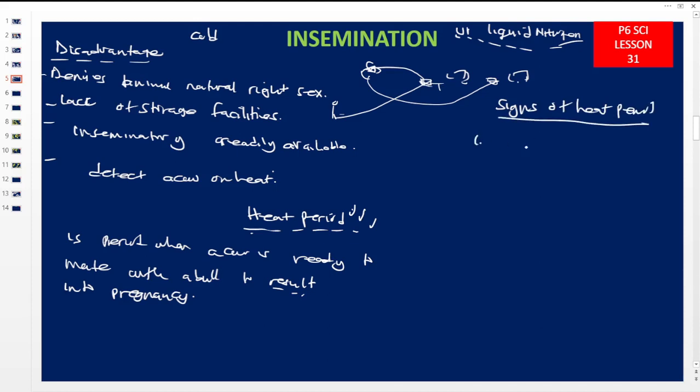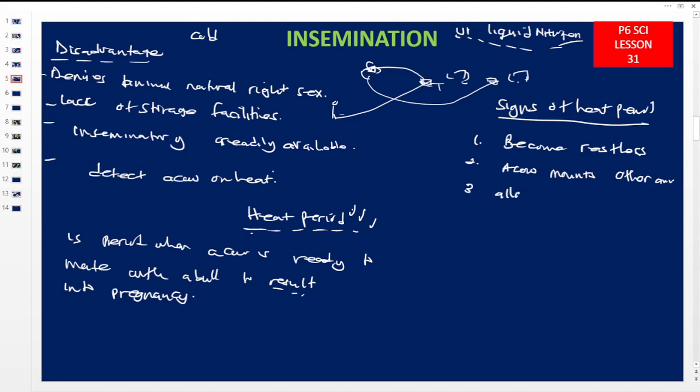1. The cow becomes restless, and it becomes restless until it is inseminated. 2. A cow mounts others, showing the signal that this is what I want you to do to me. 3.